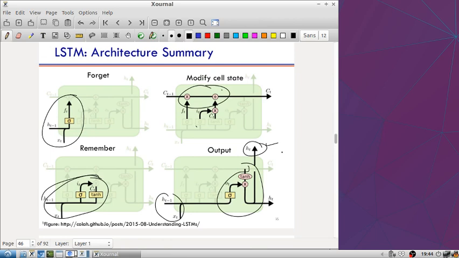There is a lot of processing, and there are basically 5 neural net layers: 3 sigmoid layers and 2 tanh layers, with different weights, all of them.